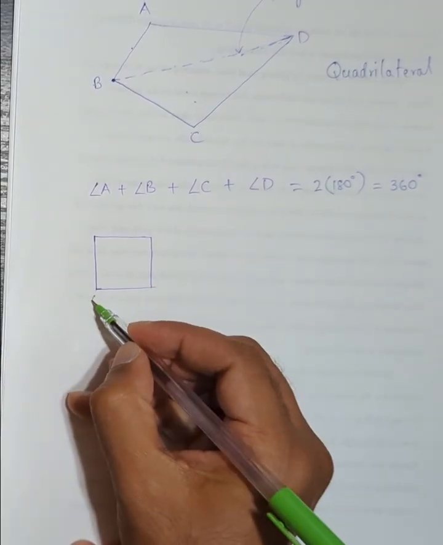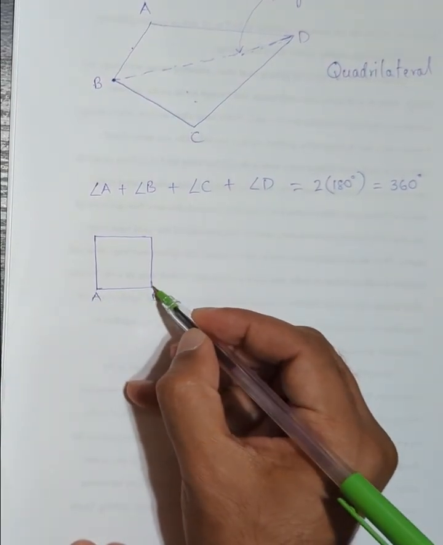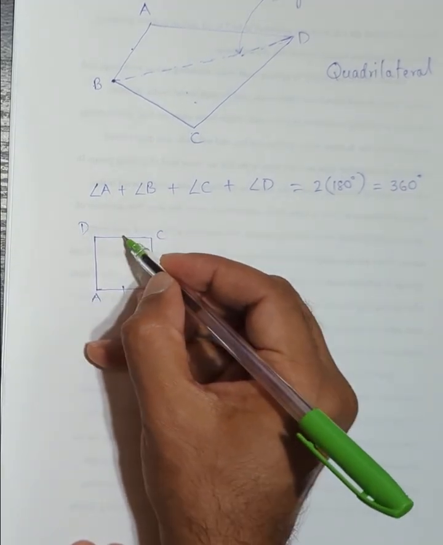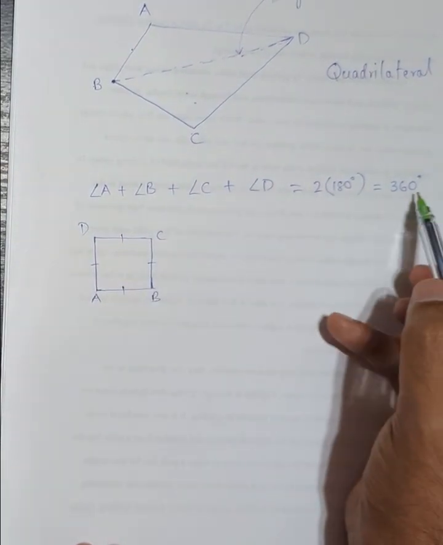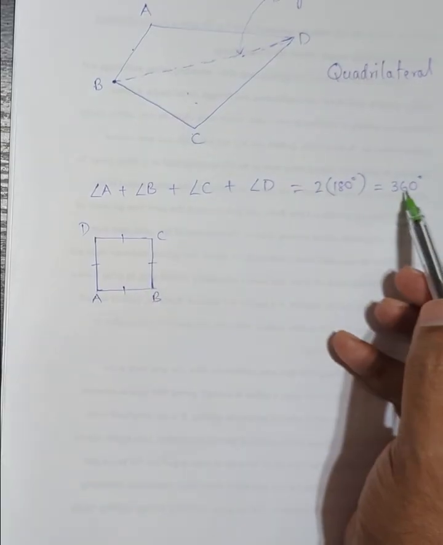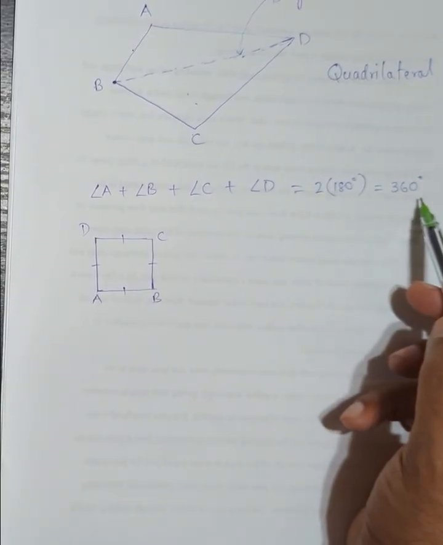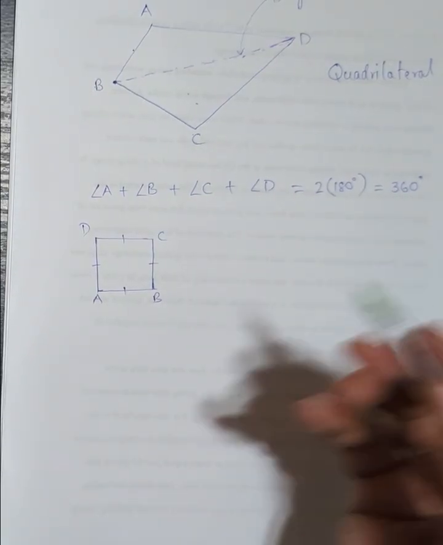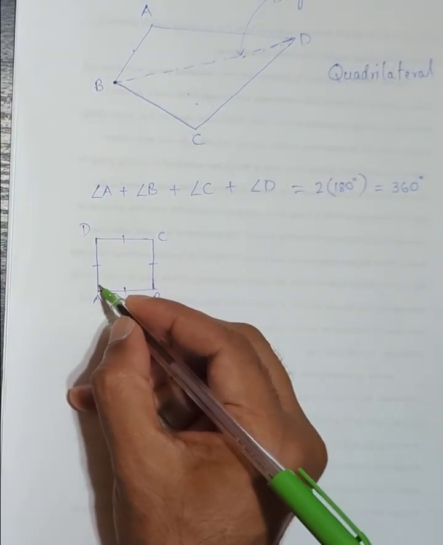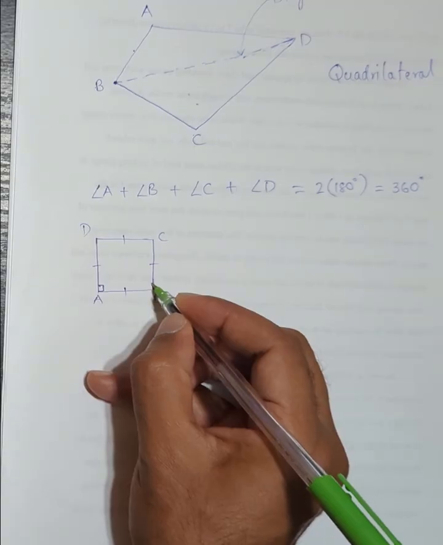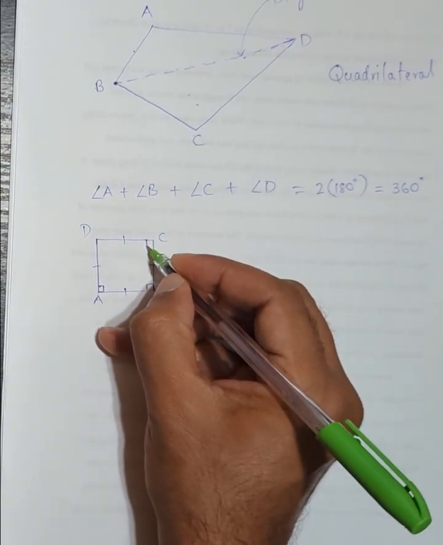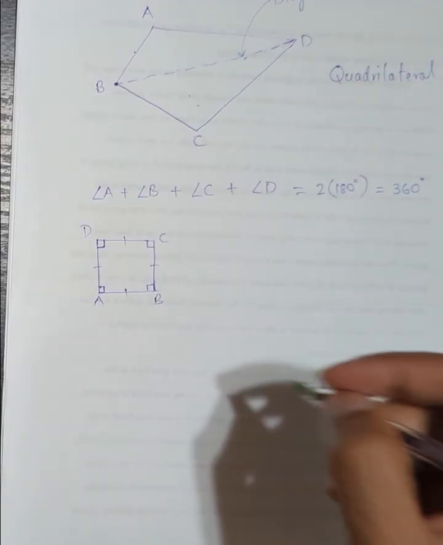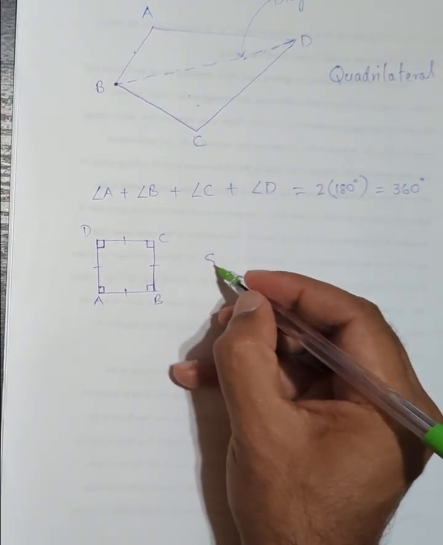So if I'm drawing a shape with equal sides A, B, C, D, what I'm saying is all of these side lengths are equal. And if all of the angles are equal, then each angle should be a quarter of 360. So that has to be 90 degrees, because when you divide 360 by 4, you get 90. So that means all of these angles will be 90 degrees. All right, so this shape is called a square.